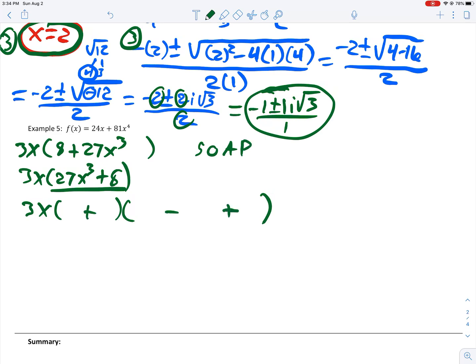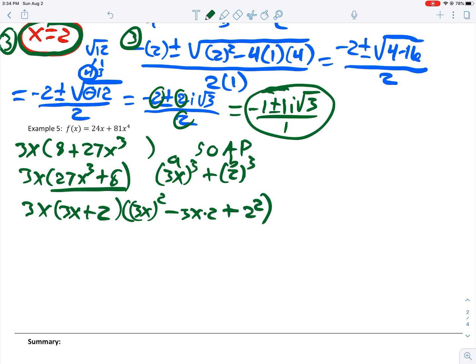So remembering SOAP: same sign, opposite sign, always positive. So what are you cubing? You're cubing 3x and you're cubing 2. So this is your A, this is your B. So this would be 3x and 2. This would be 3x squared. This would be 3x times 2.